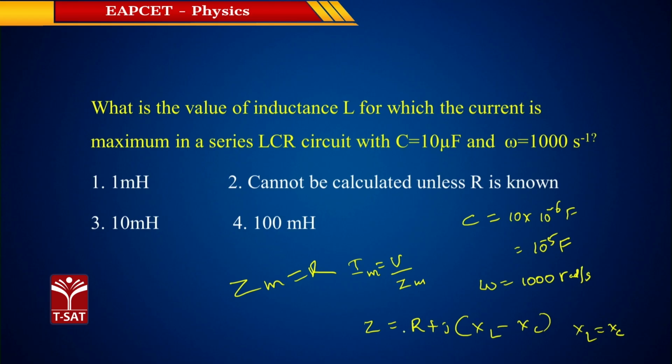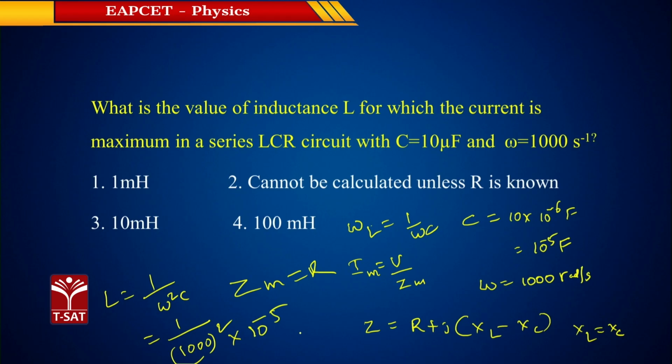XL is equal to XC means omega L is equal to 1 by omega C. According to this formula, L is equal to 1 by omega square C. Substitute omega as 1000, squared, into the capacitance, which is 10 into 10 to the power minus 5.